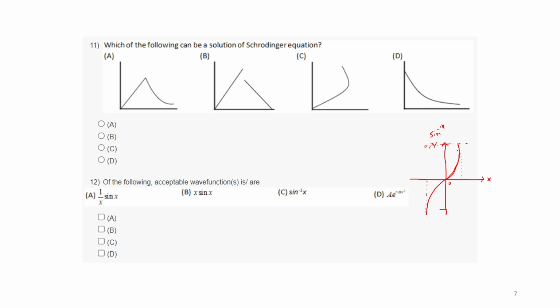So for the values of pi by 2, when x is pi by 2, it would have been 1 comma 0, and when it is minus pi by 2, it is minus.